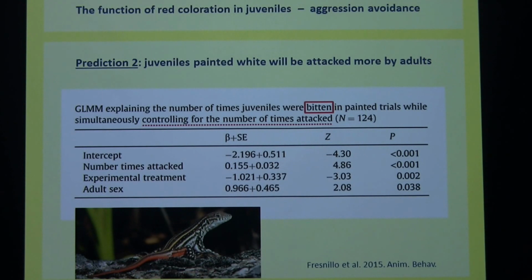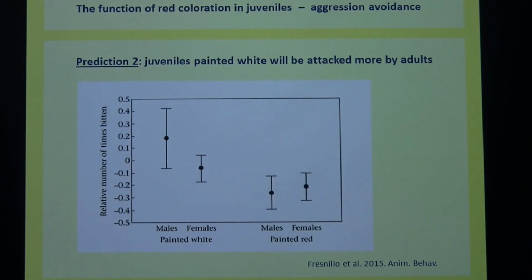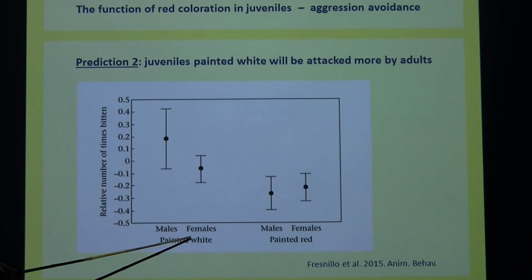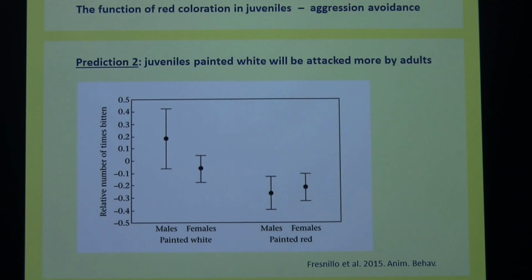This relative number of times bitten indicates the probability of an escalation in aggression intensity from attacking, that is considered low intensity aggression, to biting, that is considered high intensity aggression. And escalation in aggression intensity happened more often in juveniles painted white than in juveniles painted red, a result that is consistent with the aggression avoidance hypothesis.